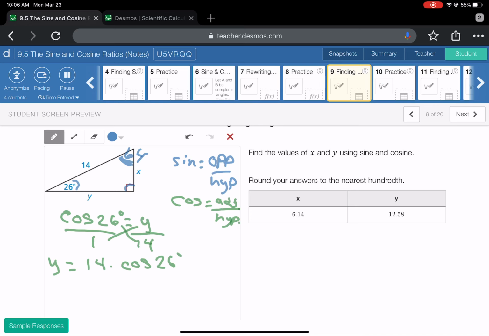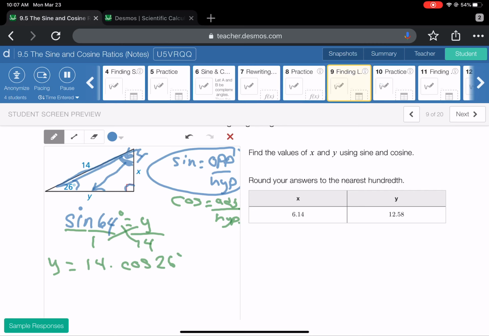So if I wanted to do this one in a different way, I could have done opposite over hypotenuse, which is still y over 14. But in this case, because I did opposite over hypotenuse, I have to use sine. But then this is going to be sine of 64.